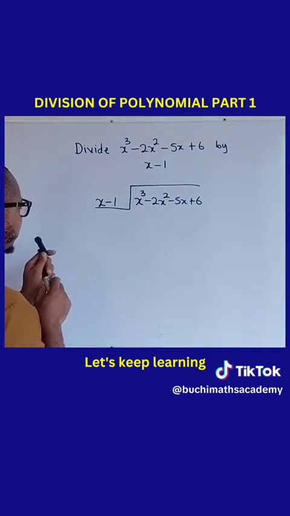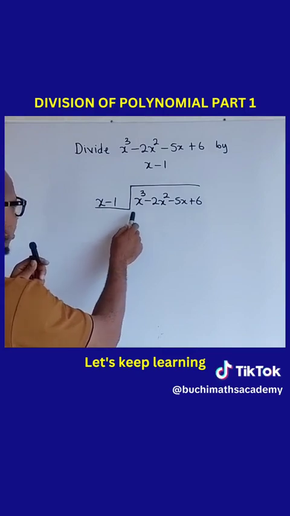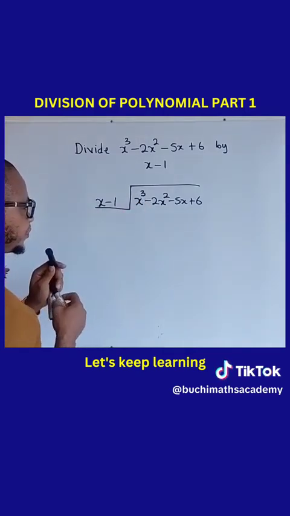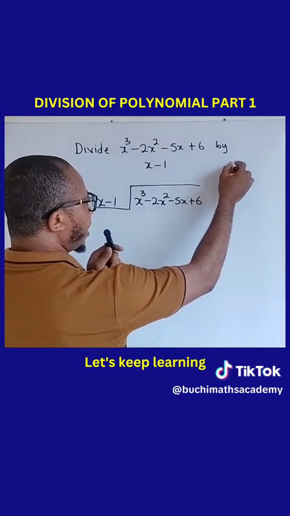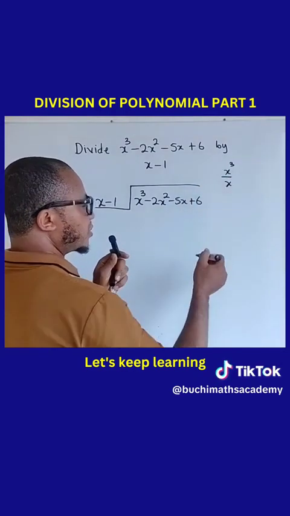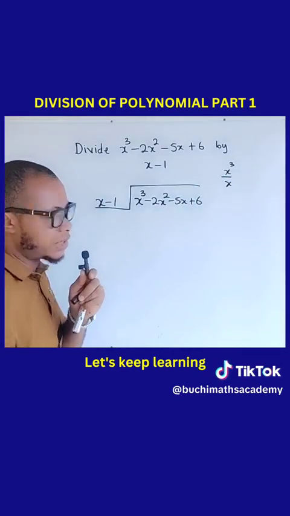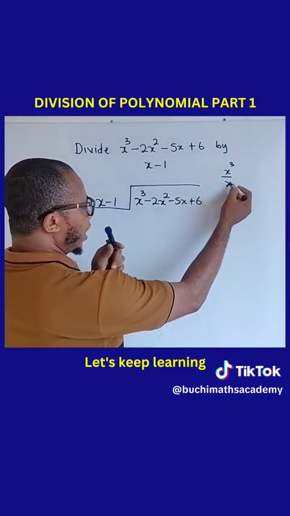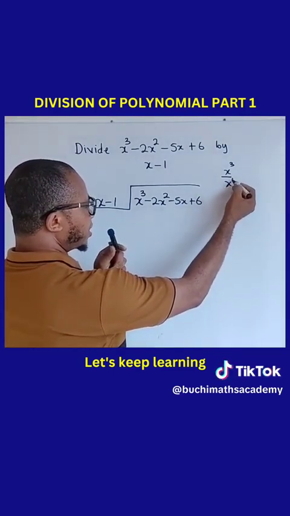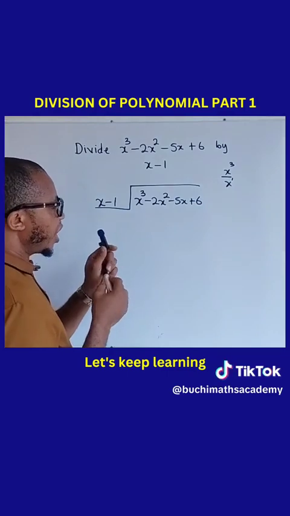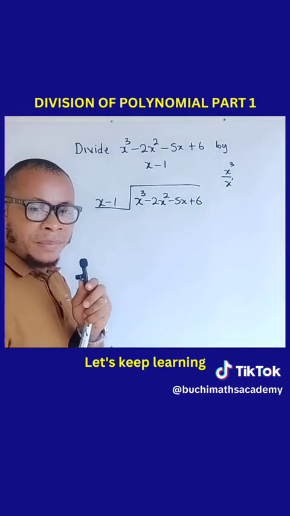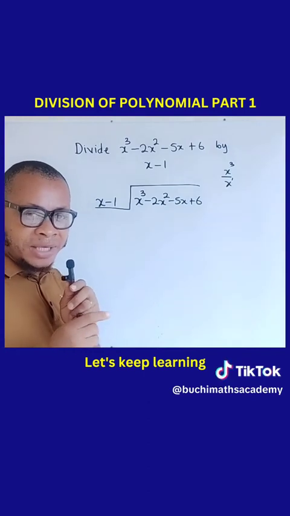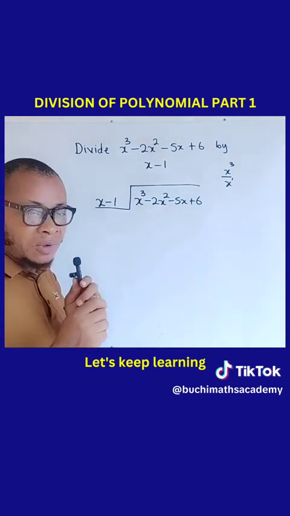We are going to use x to divide x raised to the power 3. Remember, if x raised to the power 3 is divided by x, in indices, this x has 1, but that one is silent, because anything raised to power 1 is the same thing. But in indices, when we are dividing, we record that particular one.